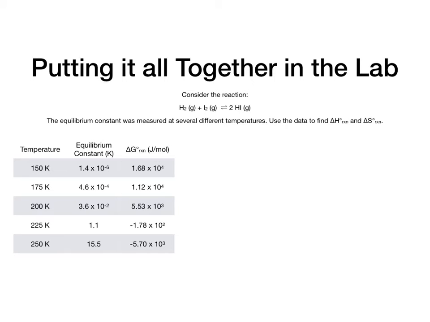And so now I know delta G at a bunch of temperatures, but ultimately I want to find delta H and delta S. And so this is where we use the relationship that delta G equals delta H minus T delta S. And in the fashion of the semester, this equation is a lot like y equals mx plus b.